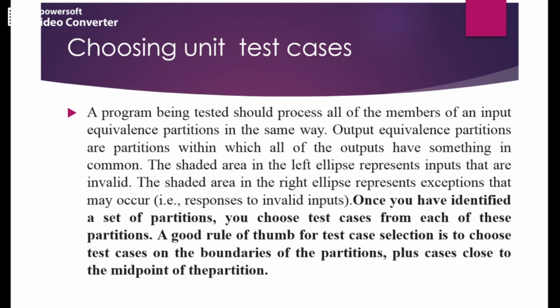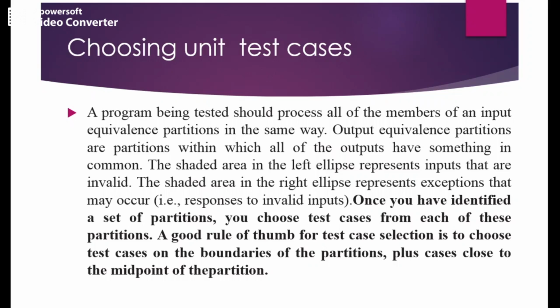Okay. A good rule of thumb for test case selection is to choose test cases on the boundaries of the partitions. So this is important. A good rule of thumb for test case selection is to choose test cases on the boundaries of the partitions, plus cases close to the midpoint of the partition.